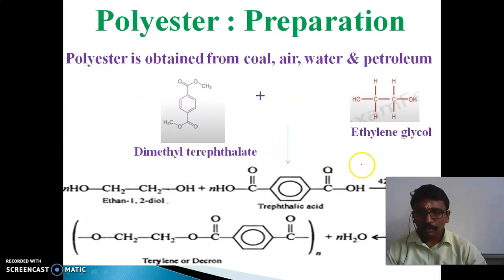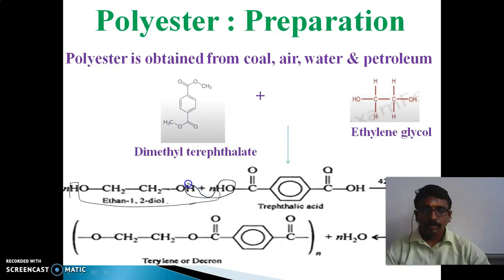So here the hydrogen is removed. So here one hydrogen, and here the OH is removed, and here also the same, here one hydrogen, and here the OH is removed.